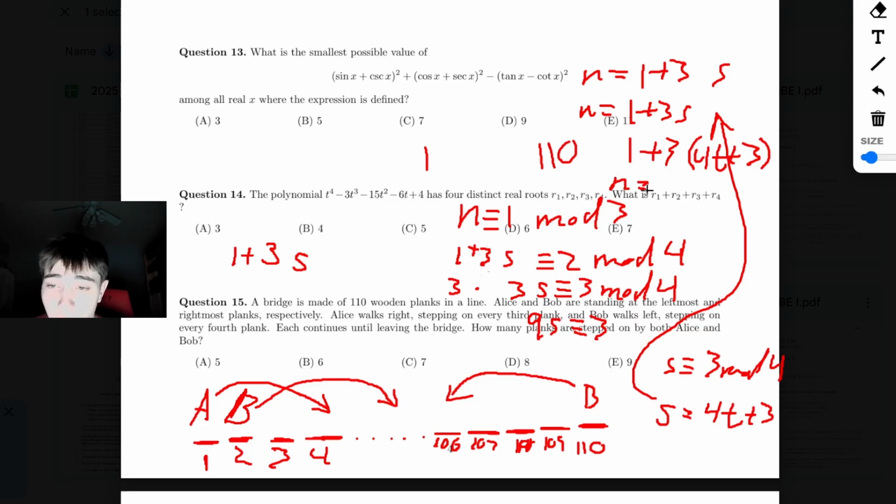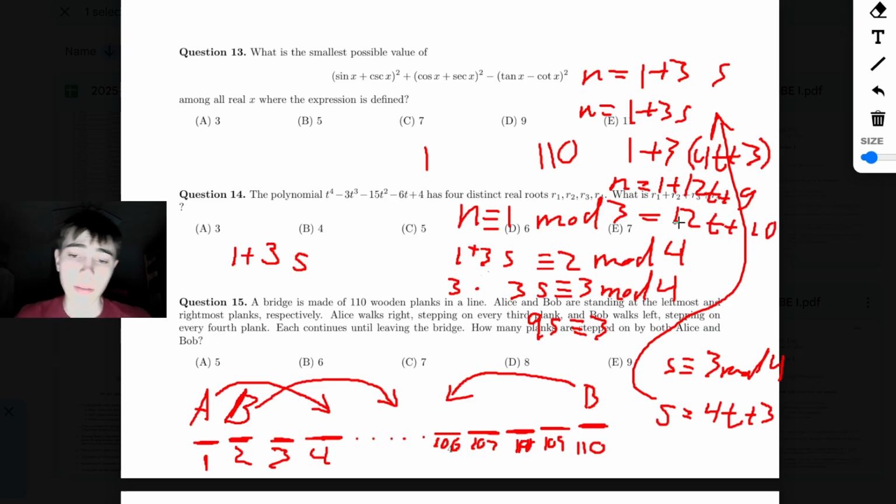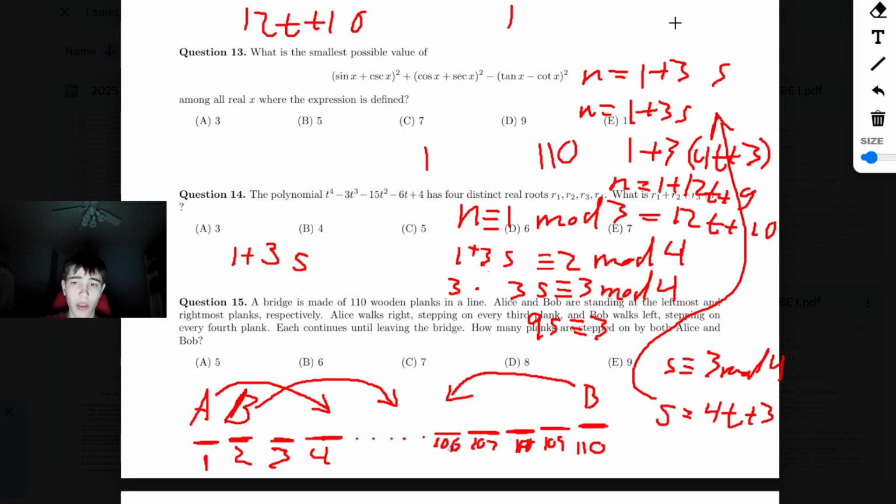So n equals 1 plus 12t plus 9. So n equals 13t plus, sorry, not 13t, what am I doing? n equals 12t plus 10. Okay, so every number in the form 12t plus 10 from 1 to 110, we would count. We would say that works, okay?